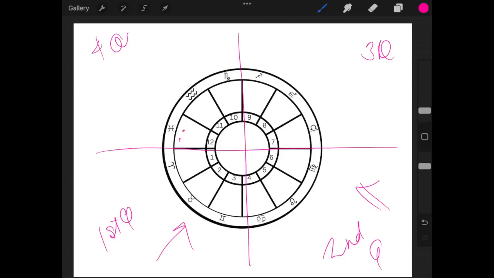Okay, so now we're moving into the top left quadrant, let's call it, or fourth quarter, whichever you prefer. And let's say that the dominant placements are in that quarter, in this quadrant right here.